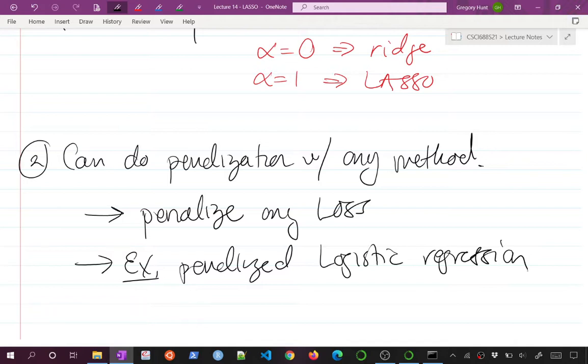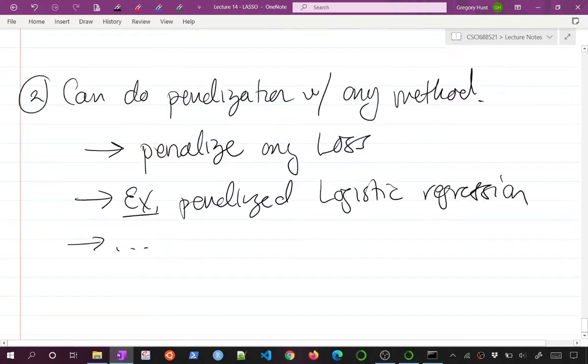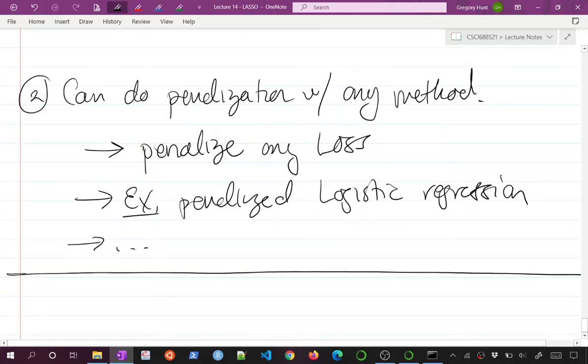But you can add on penalties, and in a similar way, adding on a 2 penalty will help deal with non-regular problems where you have collinearity among your covariates, and adding on a 1 penalty will help hopefully push some of your estimates to 0 and do some kind of variable selection. So there's a whole wide world out there, and you'll see a whole lot of people doing this in many kinds of methods.